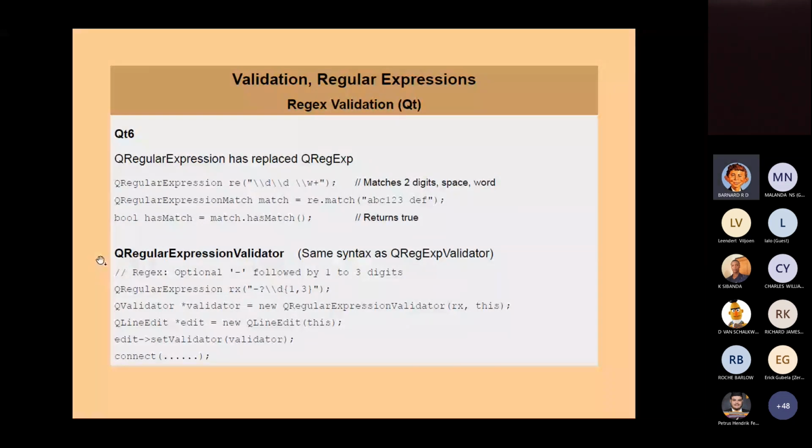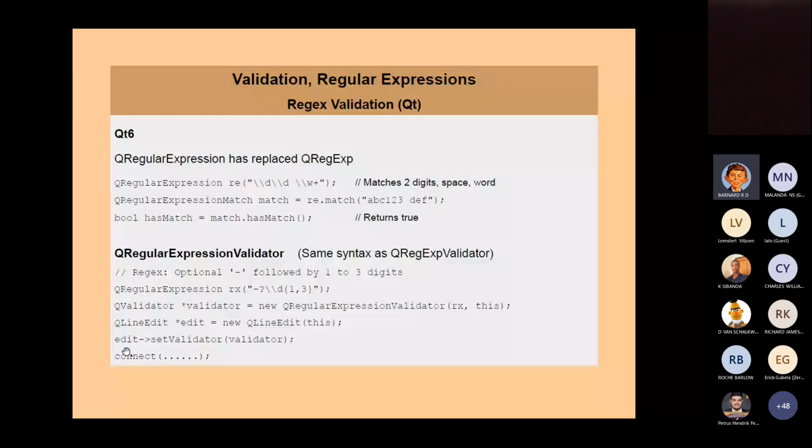Then the regular expression validator class. Again, you set up a regular expression, same as before. Then you set up your validator. You call the class regular expression validator, and you pass your regular expression to it as an argument. Then you have a Q line edit, which you would probably have declared before.